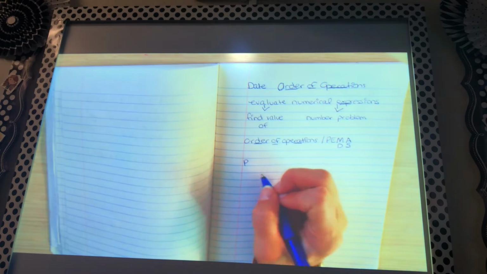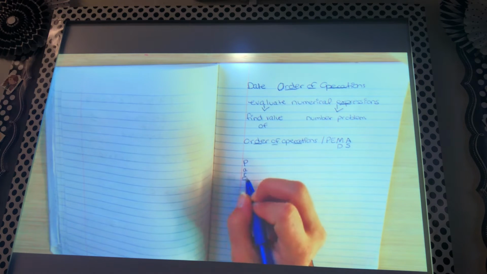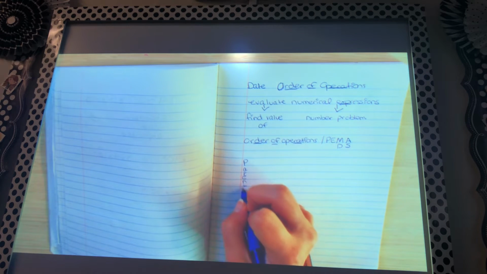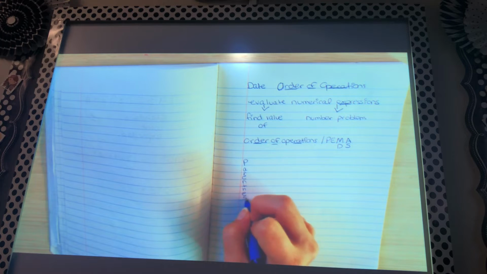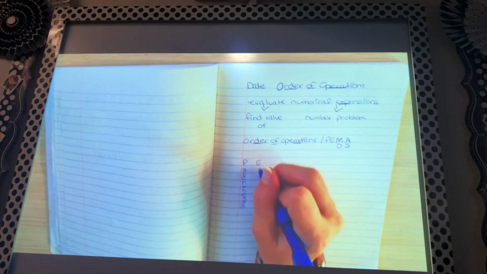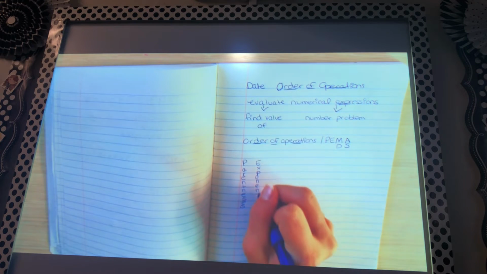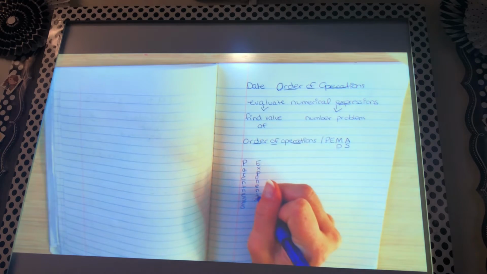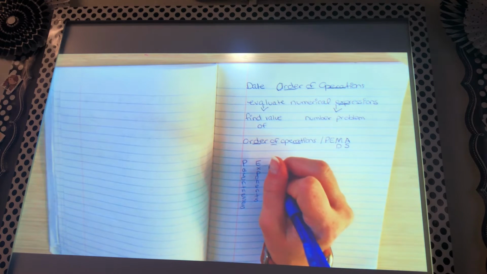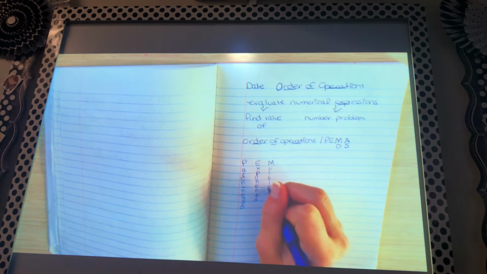So the P stands for parentheses. And the E stands for exponents. The M stands for multiplication.